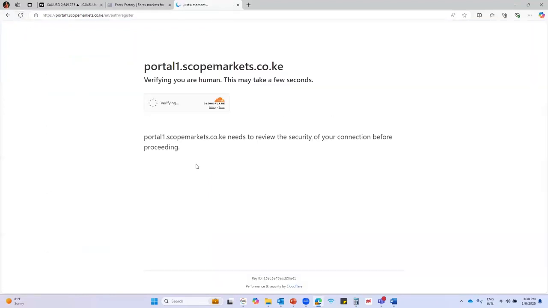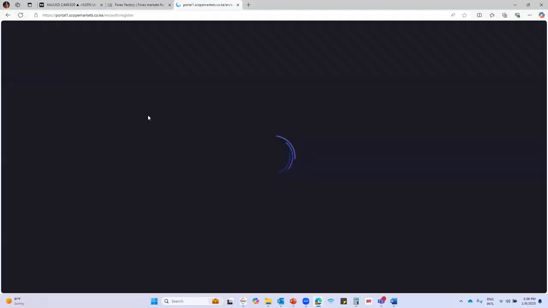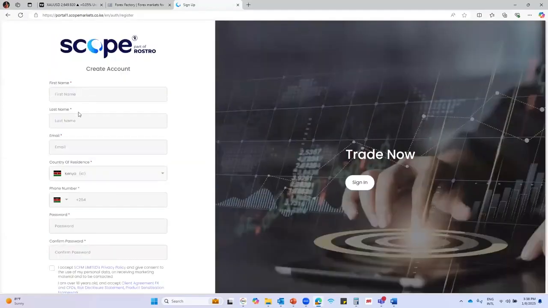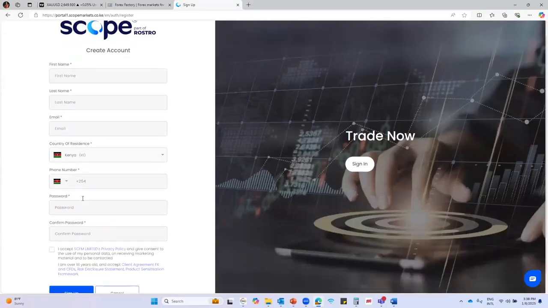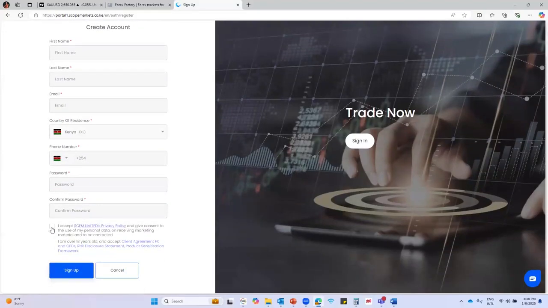You fill your first name, your last name, your email, country of residence, your phone number, your password. Then you confirm password, accept terms and conditions, and then you sign up. After you fill that information, it will take you to what Purity was trying to show us. Now Purity can proceed from there to the portal.